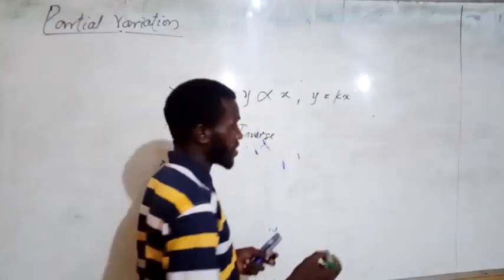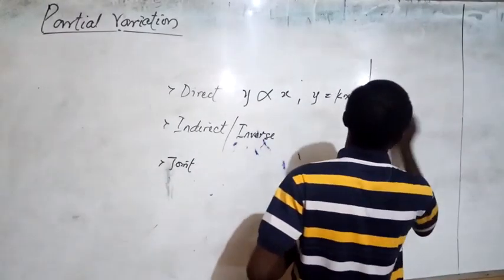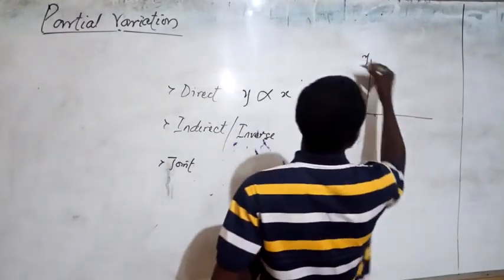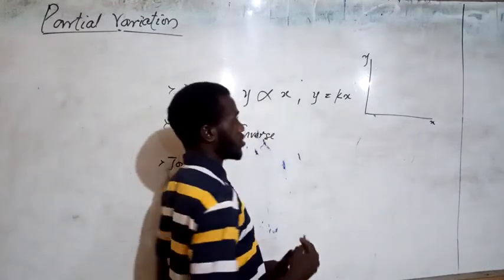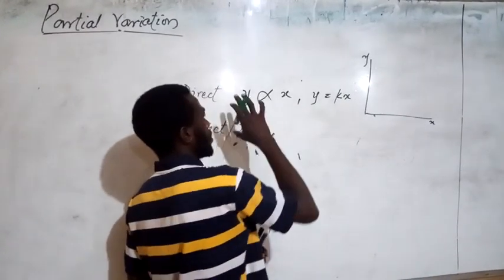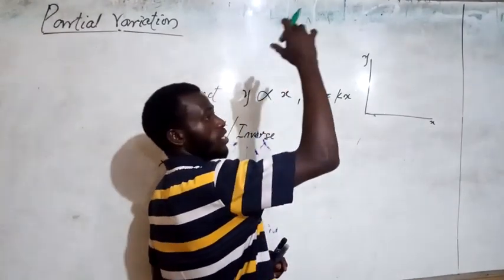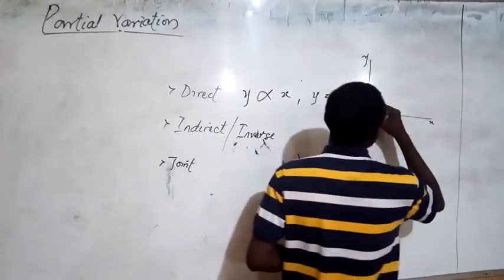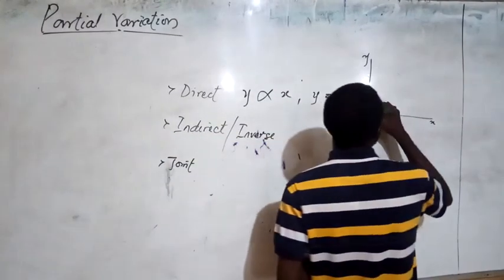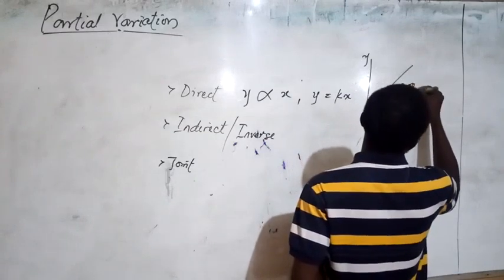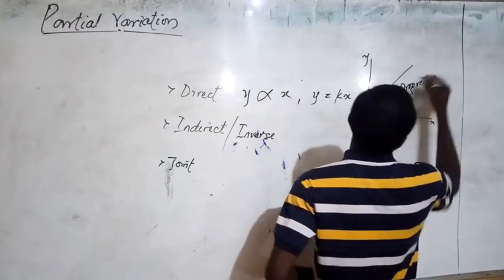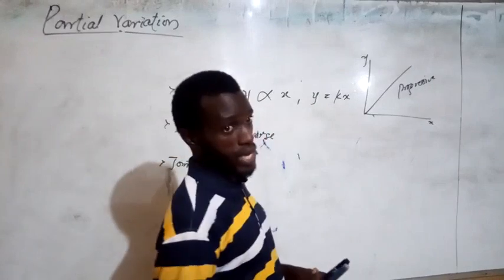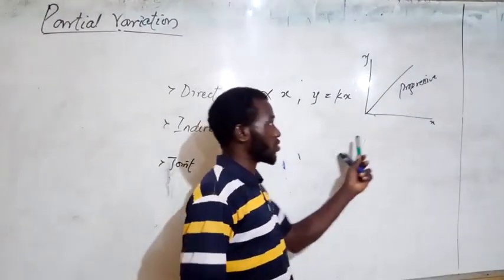And of course, graphically, since we are plotting a graph of y against x, since the variables are going to experience the same kind of change, so that if y increases, x increases, you're going to have a linear graph that is progressive. In the same way, if x decreases, y also decreases.